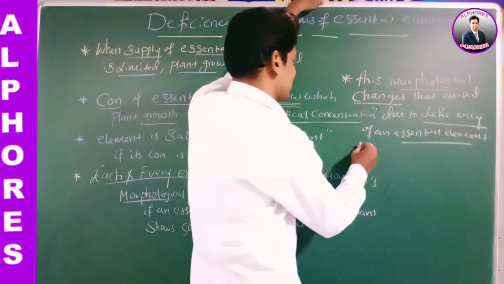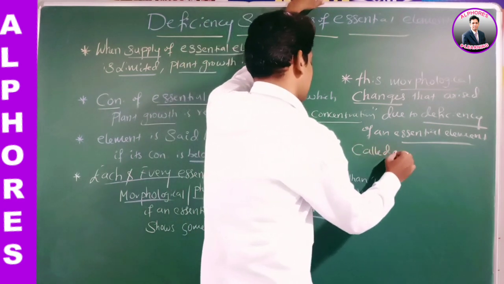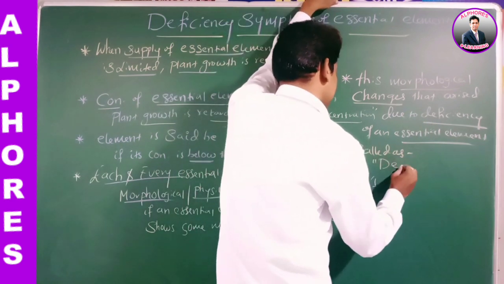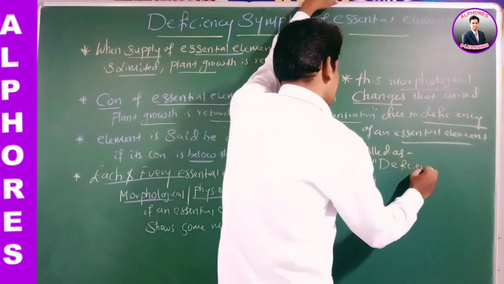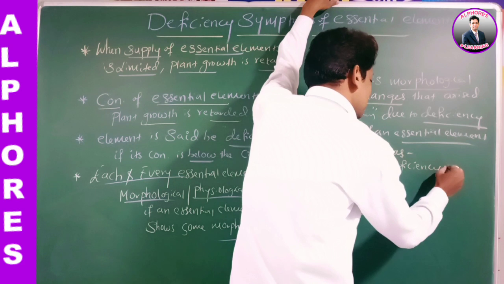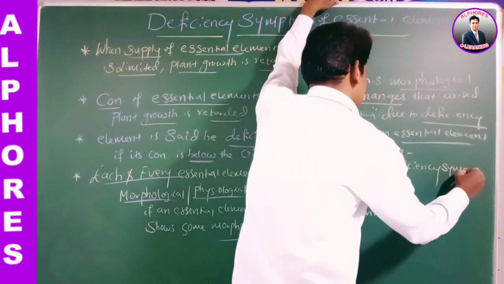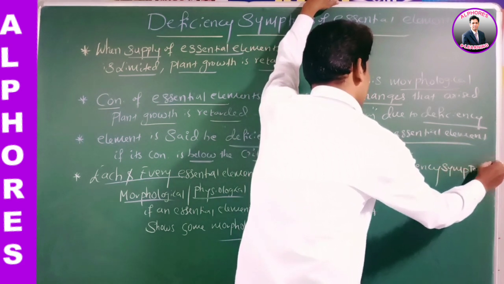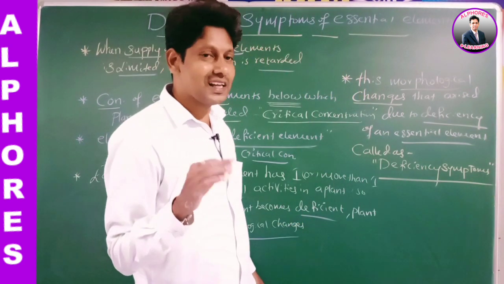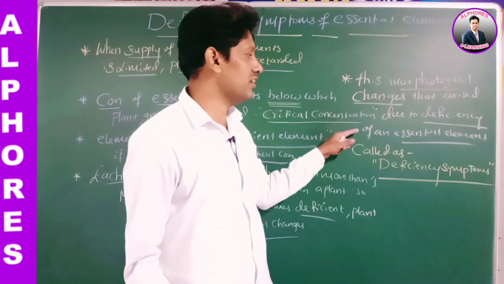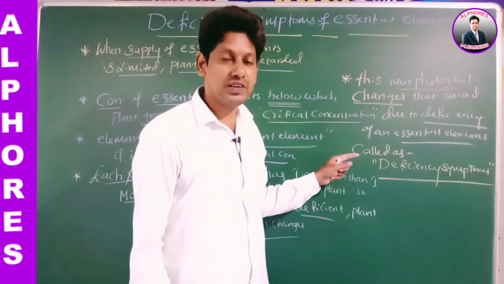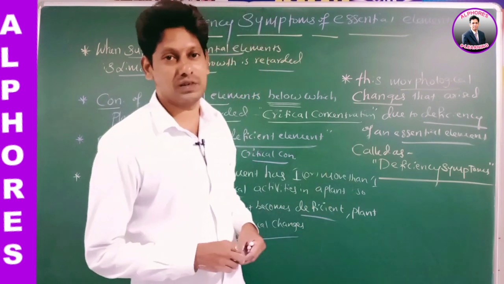These morphological changes are called what? They are called deficiency symptoms. Therefore, morphological changes that arise due to deficiency of an essential element are called deficiency symptoms.